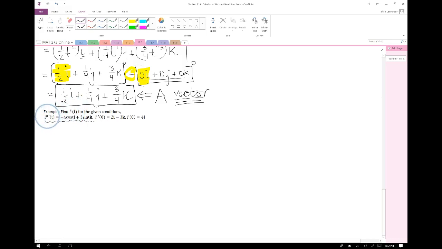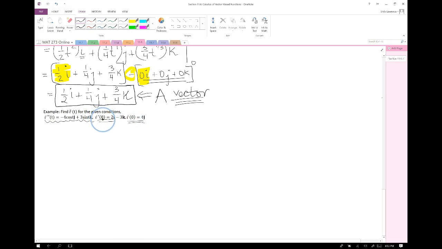So that would tell me I need to get rid of those two derivatives. Well, the way that we get rid of derivatives is by calculating antiderivatives. But we don't have any limits of integration to plug in. So these are going to be indefinite integrals to go from r double prime of t backwards to r of t. So what we've also been given are some initial conditions.